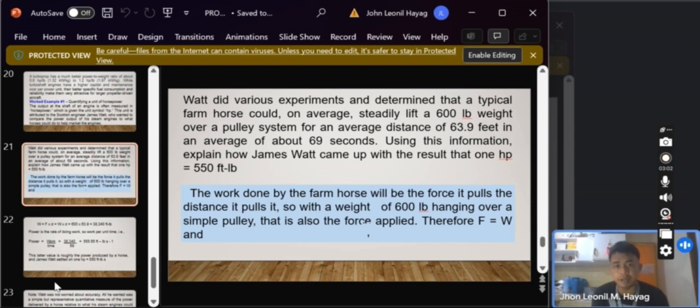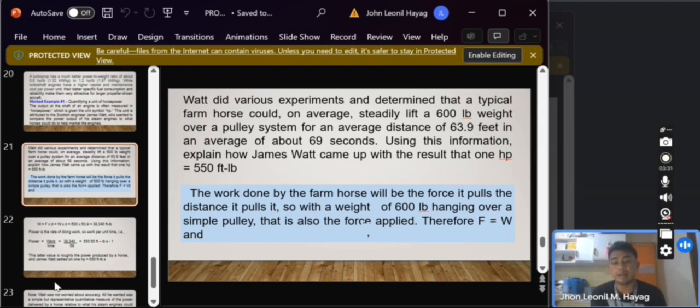Watt did various experiments and determined that a typical farm horse could, on average, steadily lift a 600-pound weight over a pulley system for an average distance of 63.9 feet in an average of about 69 seconds. Using this information, we can explain how James Watt came up with a result that 1 horsepower equals 550 foot-pounds per second.